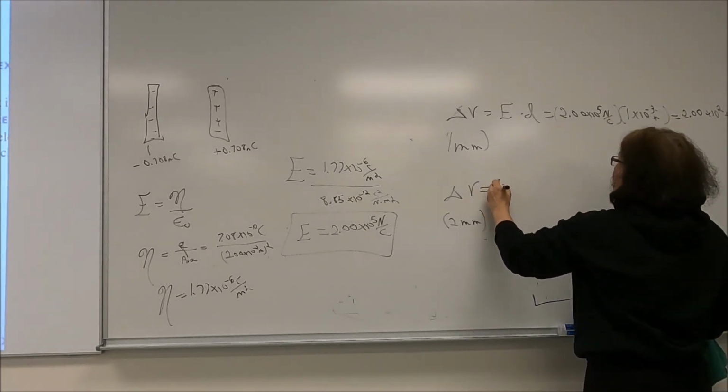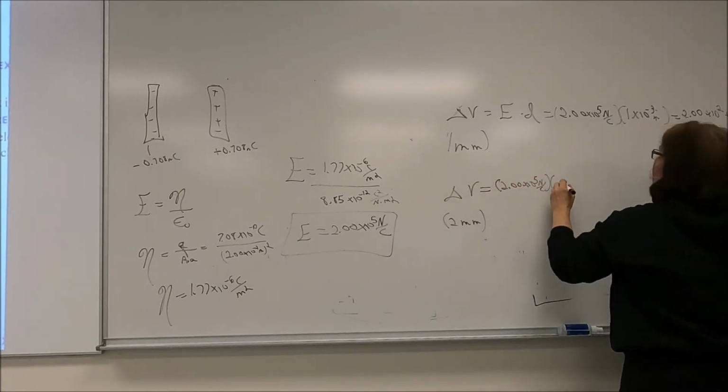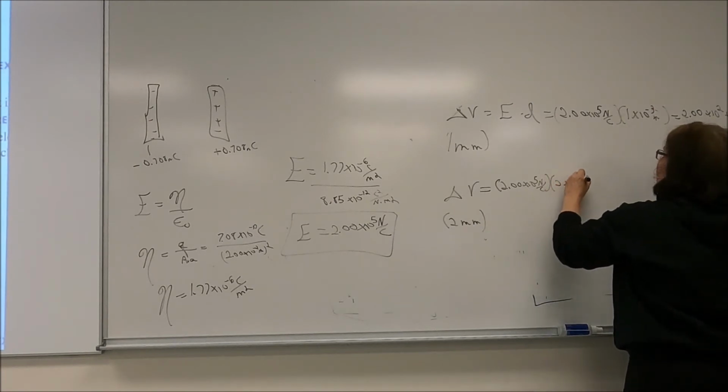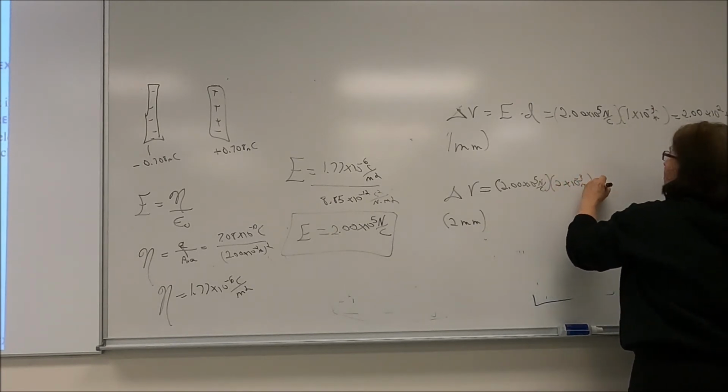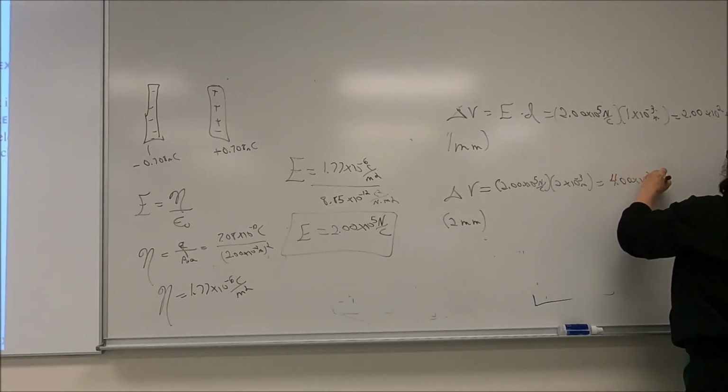If we had a 2 millimeter separation, it would be 2 times 10 to the 5 newtons per coulomb times 2 times 10 to the minus 3 meters. So I get 4.00 times 10 to the 2 volts.